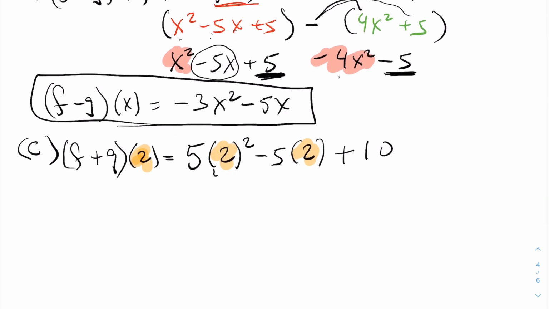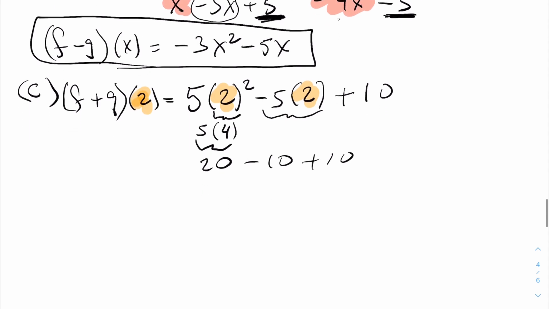So of course, 2 squared, or 2 times 2, is 4. And then that gets multiplied by 5. So this, in the end, becomes 20. Negative 5 times 2 is minus 10, plus 10. And when we combine all that, we get just 20. So f plus g at 2 equals 20.